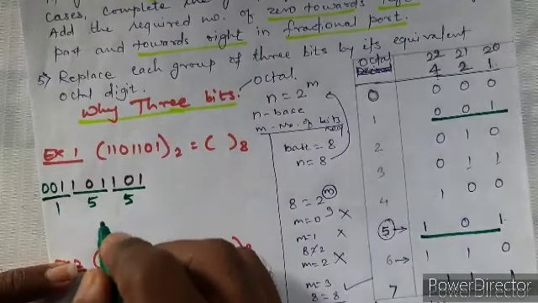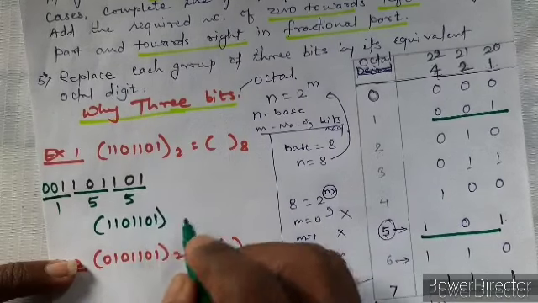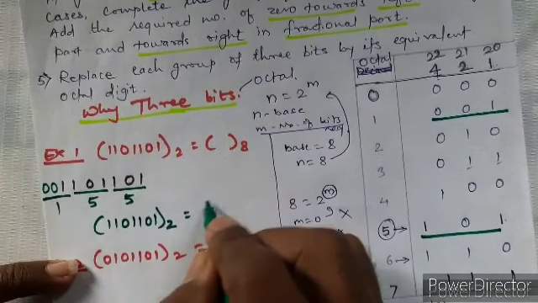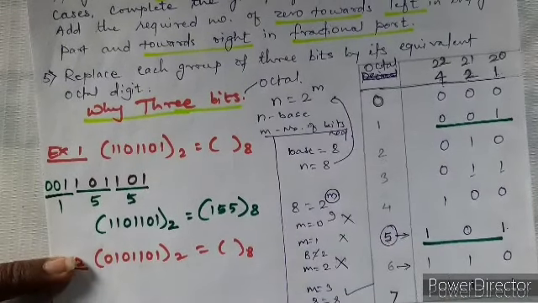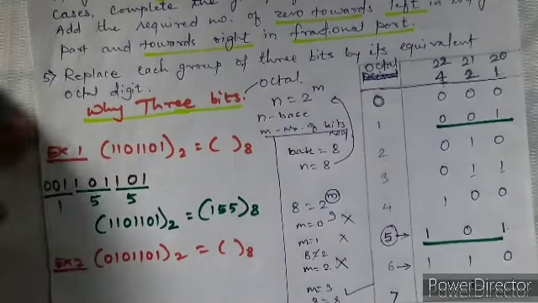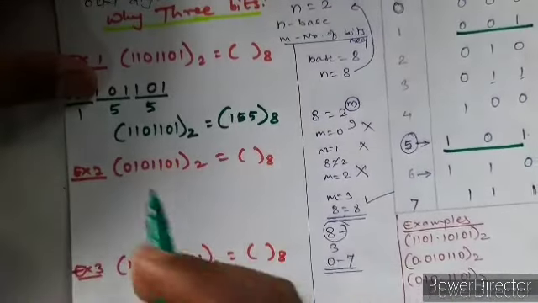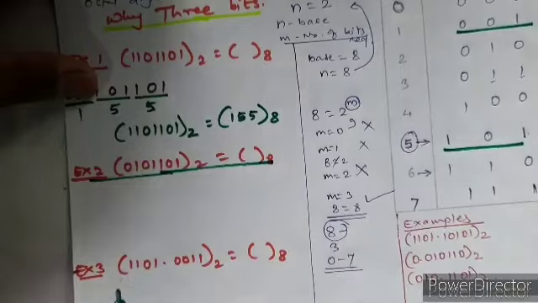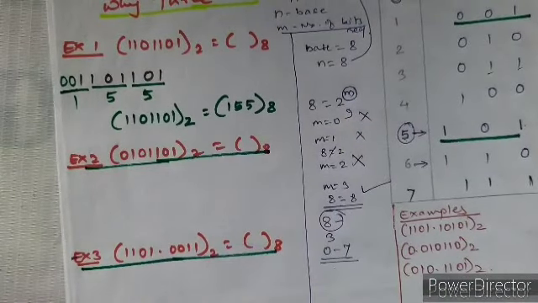So simply I can say 1 1 0 1 1 0 1 in binary is equivalent to 155 in octal, right? Now similarly you can try these examples. You can write down these 2 examples and try them.